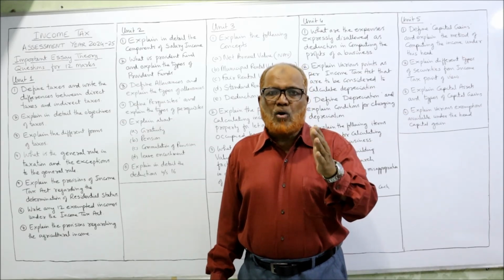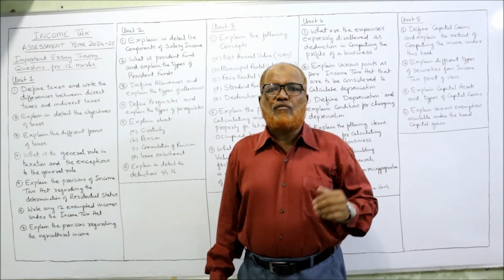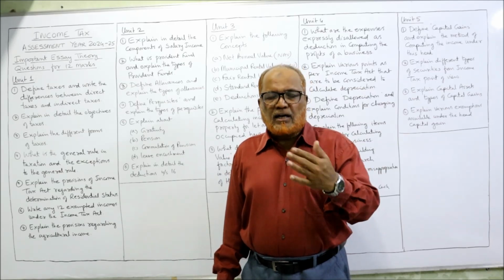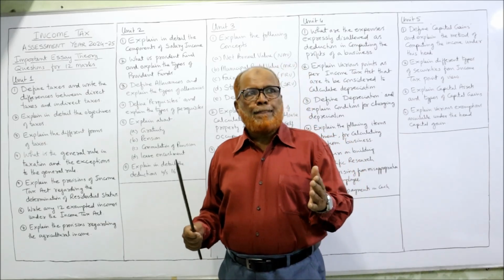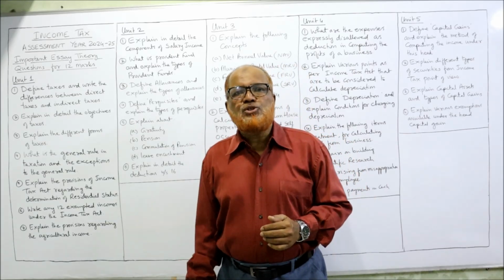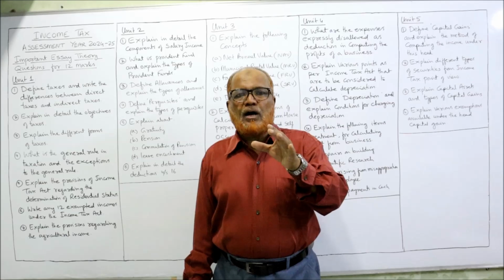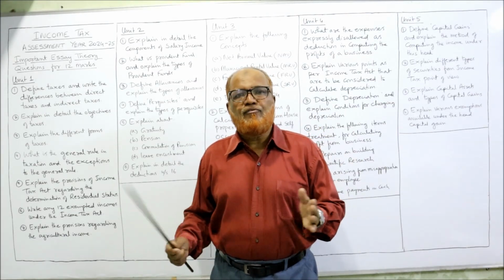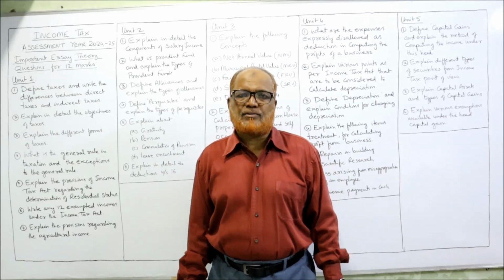Similarly, the next example is gratuity received. Gratuity received by a government employee at the time of retirement is completely exempted. Another example is the amount received from recognized provident fund or statutory provident fund at the time of retirement, fully exempted from tax.